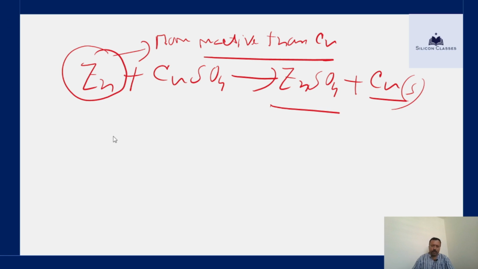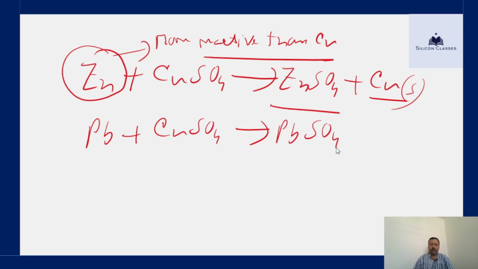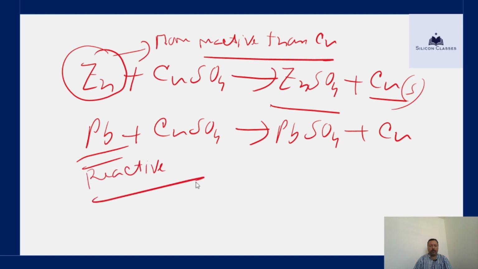Another equation, lead plus copper sulfate. It will form PbSO4 plus Cu. Here also, lead is more reactive than copper, so it will displace the copper to form lead sulfate.